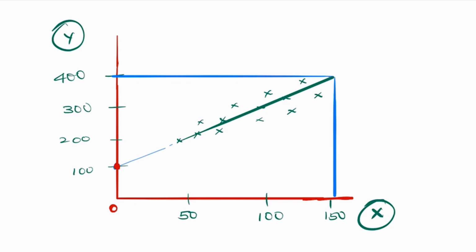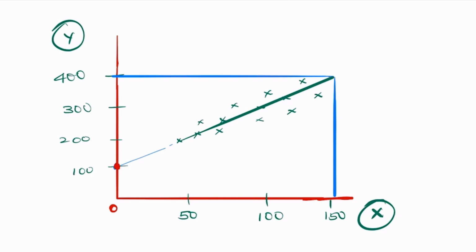I know my total cost comprises two components: one is my fixed cost, second one is my variable cost. So if 100 represents my fixed cost out of the total cost of 400, automatically the balance, which is 300, represents my variable cost.